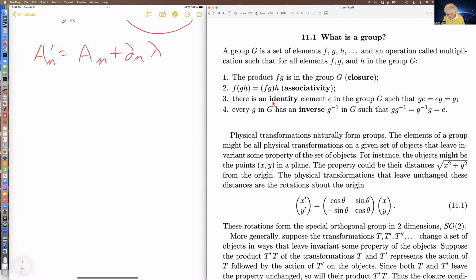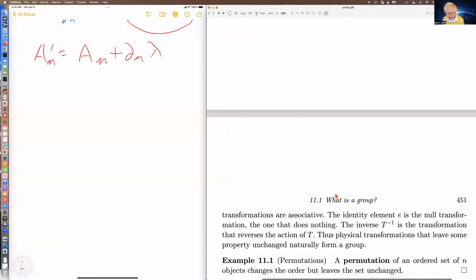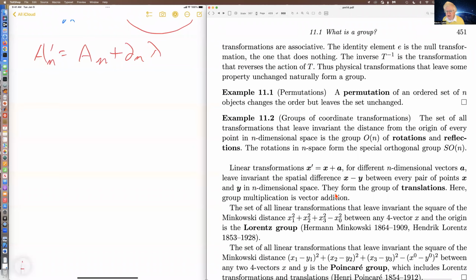One can think of, in particular, transformations that leave some property invariant naturally form a group. And I think I'll just leave it at that.